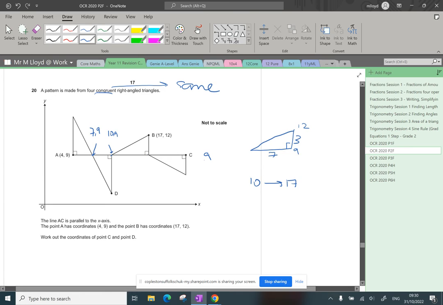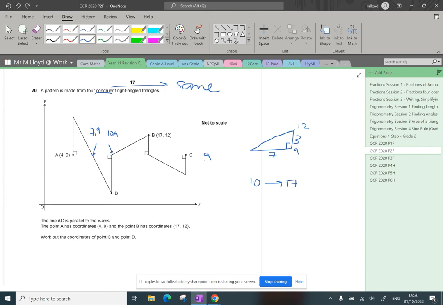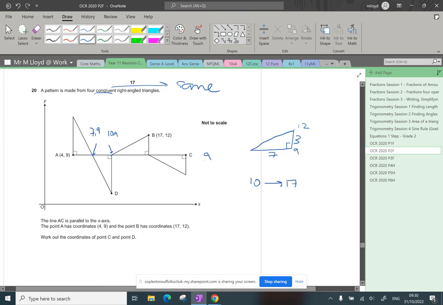Well, not the bigger length, the second biggest length is 7. The biggest length, of course, is the hypotenuse, but the biggest length in the two that we're looking at. So that is a length of 7, meaning that as we now go across, we've got 4, 7, 10, and 17 into here. Now that helps us with coordinate D.